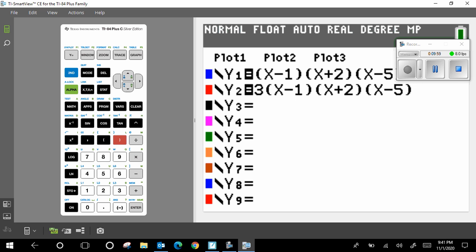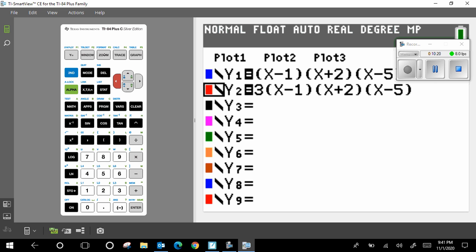And also, if you don't have a color calculator for the second equation, arrow back in front of the y sub 2, you won't have a color there, but you'll have that diagonal line. Press enter one time, and that second graph will graph a little bit thicker so you can see the difference.